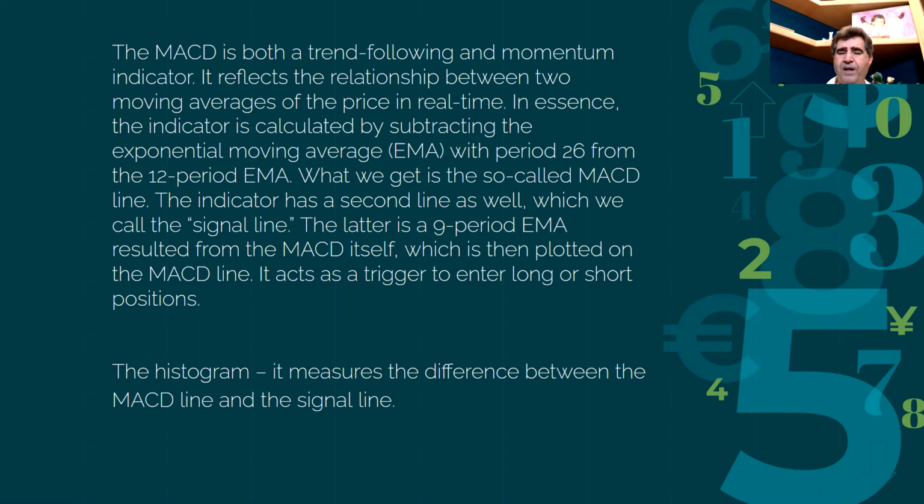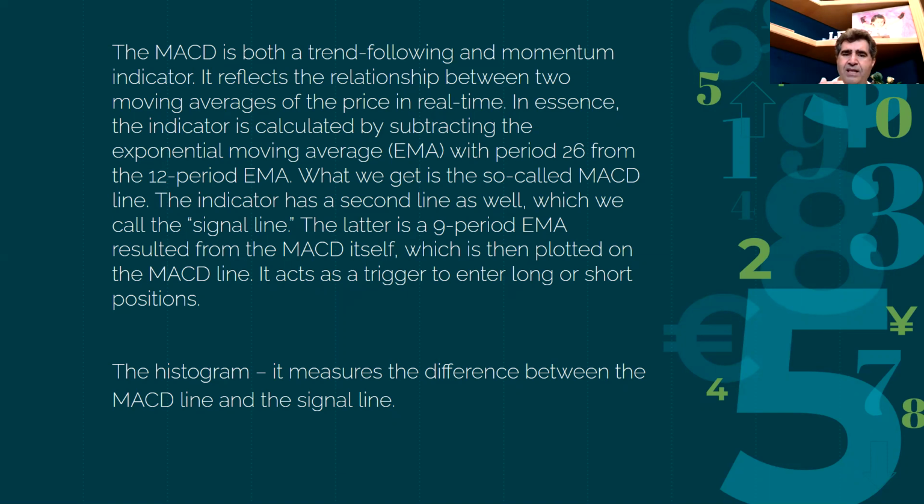I personally have found that Appel's original numbers of 26 and 12 work very well, so I do not change them. If you like, you can shorten it, but it just makes it more volatile, or you can make it longer. You can try your own numbers, but I believe the 26 and 12 period moving averages are the best.